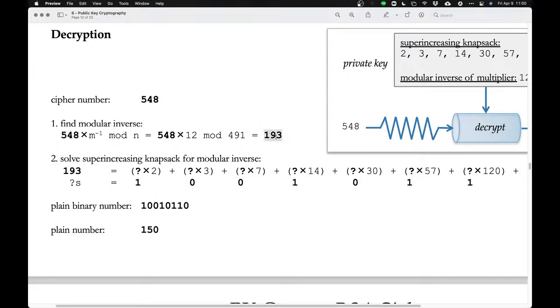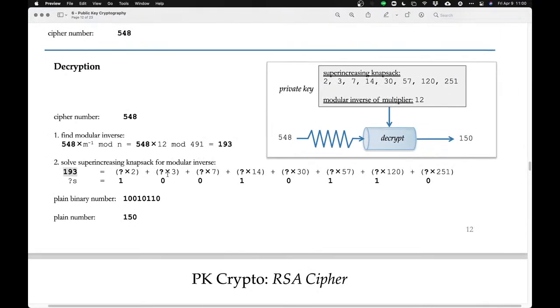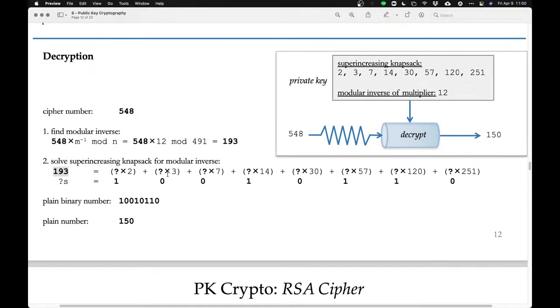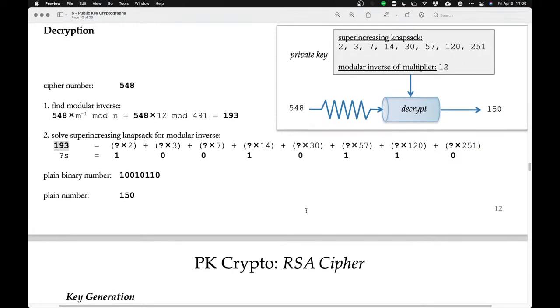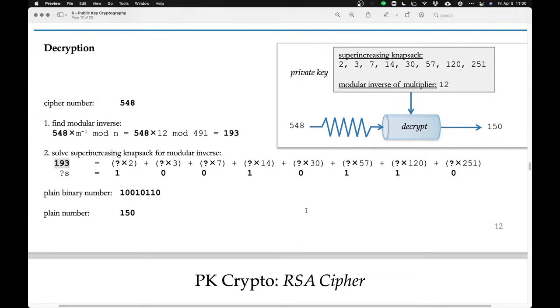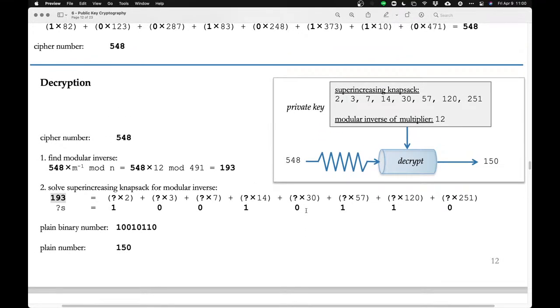That gives you 193. 193 is the solution to your super increasing knapsack. Now you find out which bits of the super increasing knapsack add up to 193. It happens to be 10010110. It's the original binary number that you encrypted. That gives you 150.